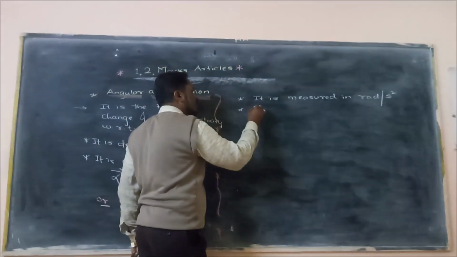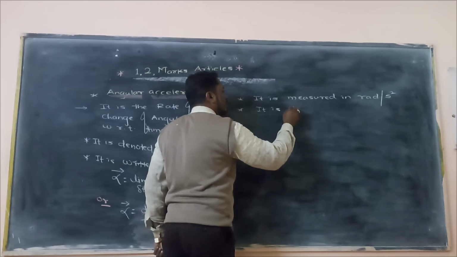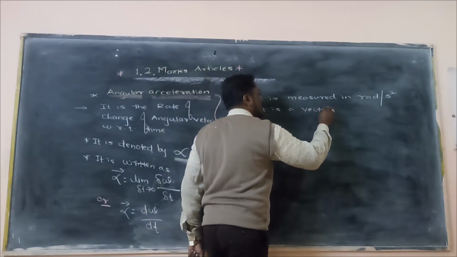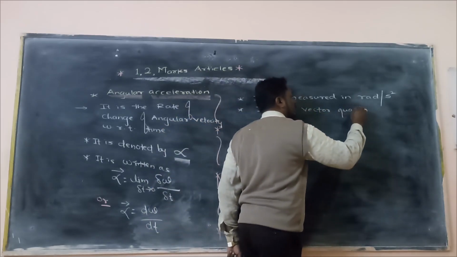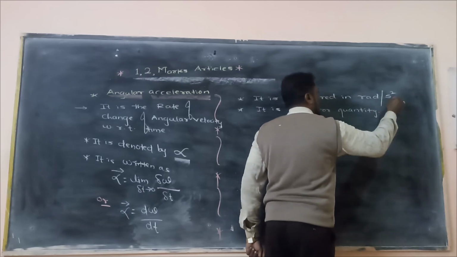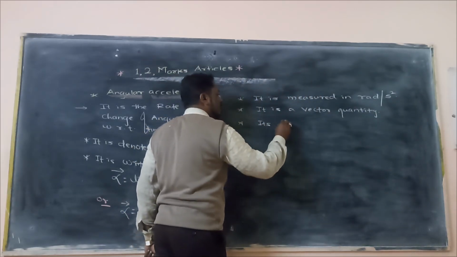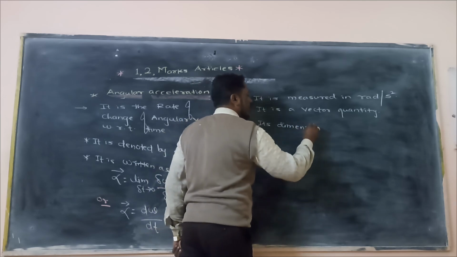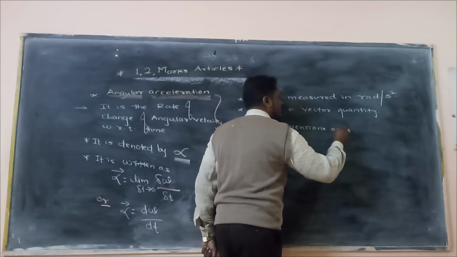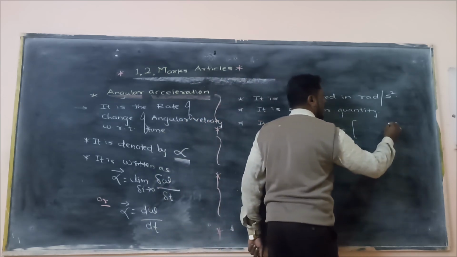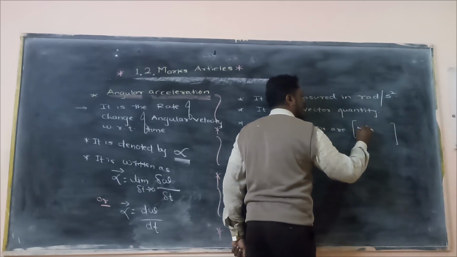Next point, it is also a vector quantity. What about its dimensions? Its dimensions are once again in the square bracket in the form of MLT.